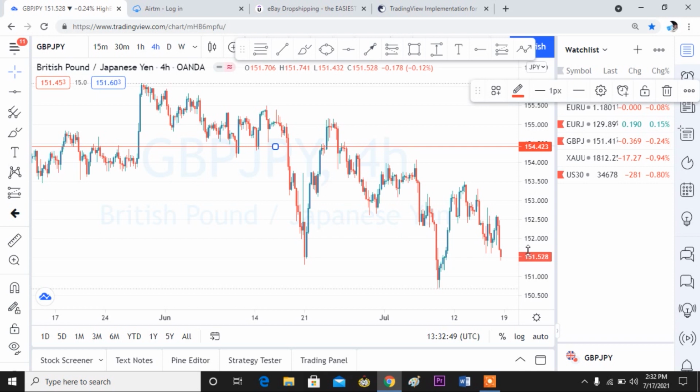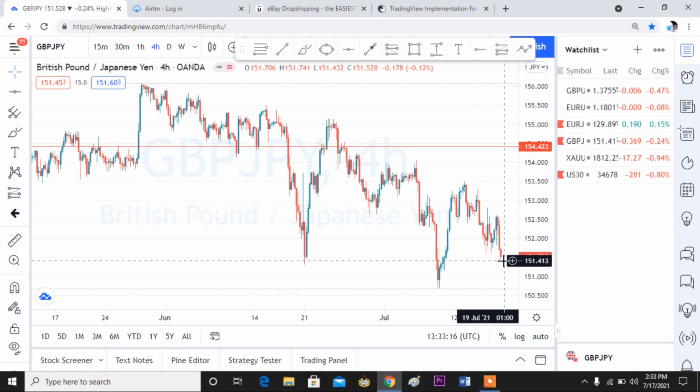So as we can see on GBPJPY, to identify your psychological level, it's quite easy. Just take a look at the current price level, which is 151.528. Let's assume you want to buy GBPJPY, just like you want to buy that apple earlier, and you want to bargain the price.